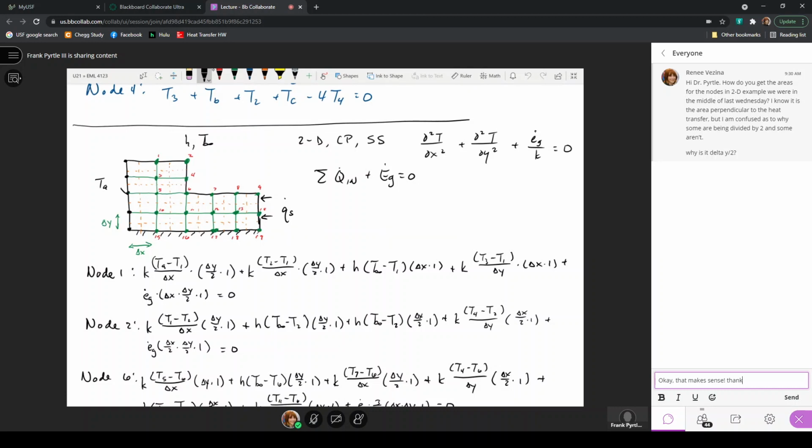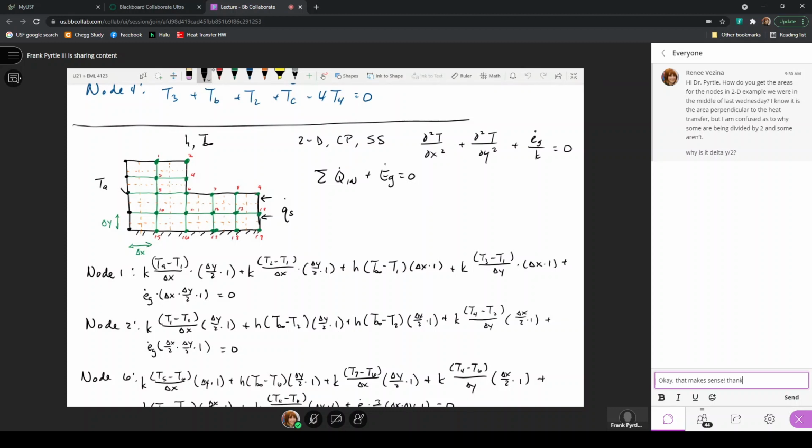So for node number 2, when we look at the heat transfer between node 2 and node 1, it's occurring across a boundary that's only a delta y divided by 2 tall. I'll start with just going in the order that I wrote them.